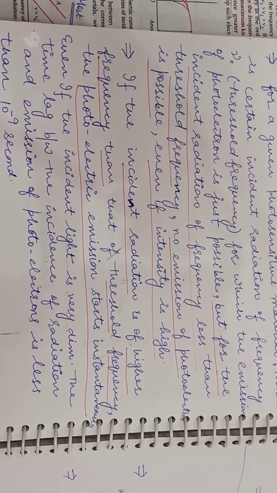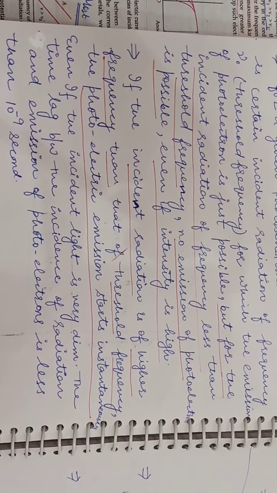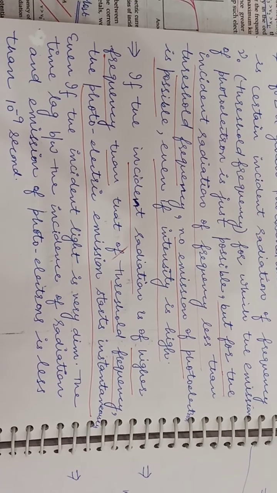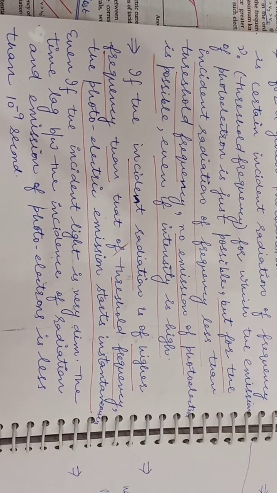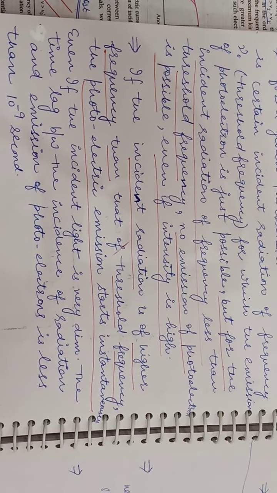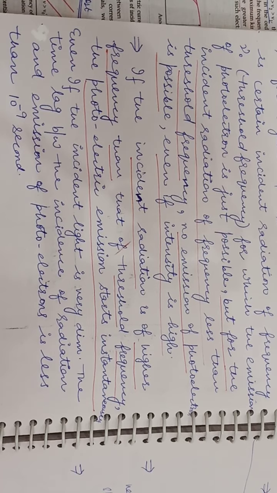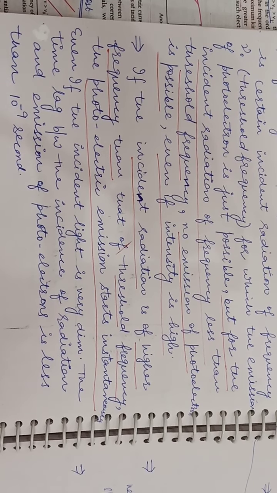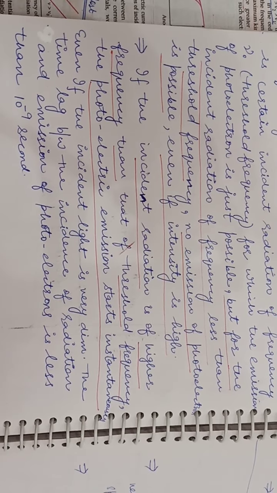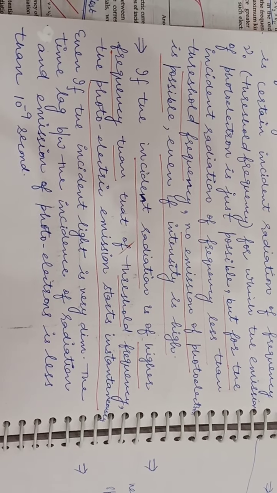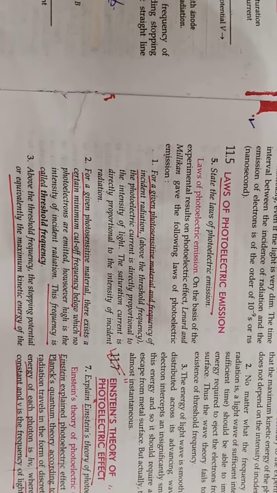If the incident radiation is of higher frequency than the threshold frequency, the photoelectric emission starts instantaneously, even if the incident light is very dim. The time lag between the incidence of radiation and emission of photoelectrons is less than 10⁻⁹ seconds.